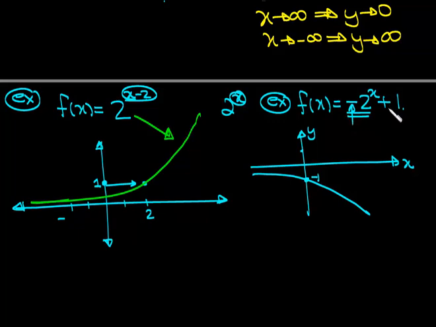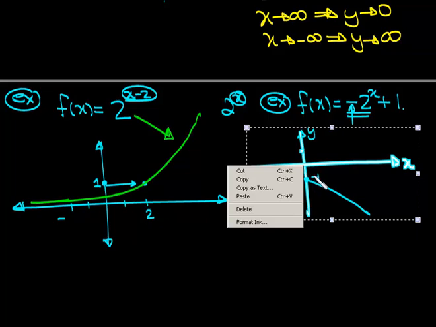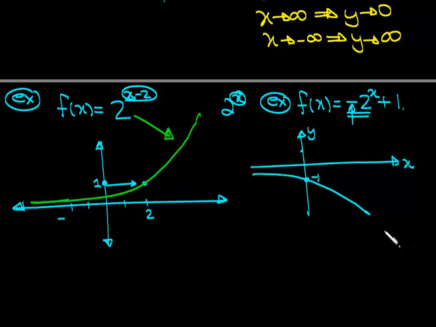What does the 1 do? So you take this graph and add 1 to it. So if I take this point and add 1 to it, this negative 1 will become 0. And this is really an asymptote because the graph's getting closer and closer to that line, right? So this asymptote, which is at y is equal to 0, will move up 1 unit because you're adding 1 to that too.